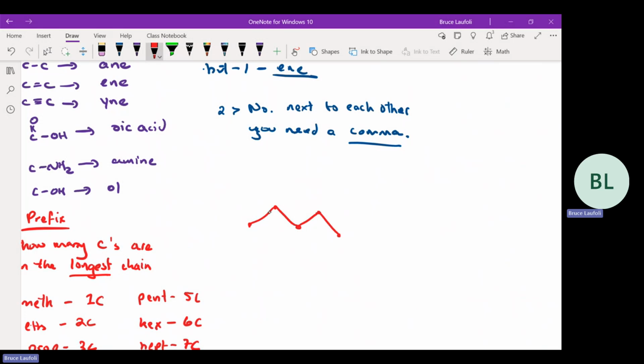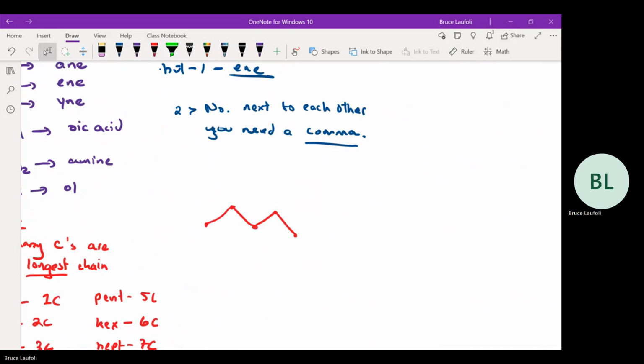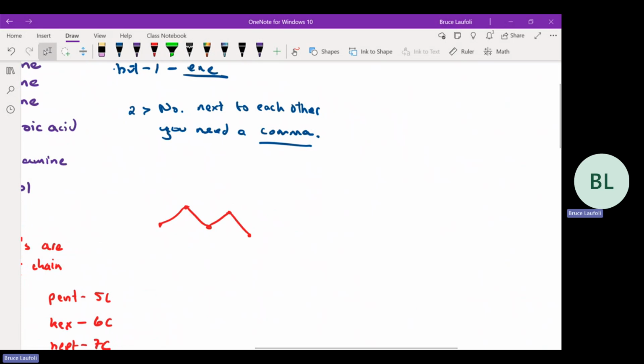This carbon is single bonded to another carbon, and we don't draw in the hydrogens because it would take too long. So we have a 5 carbon chain, and it is just single bonds. We can number it as 1, 2, 3, 4, 5. That's the longest chain. There's only one chain in this case, so that's fine. That would make this pentane.